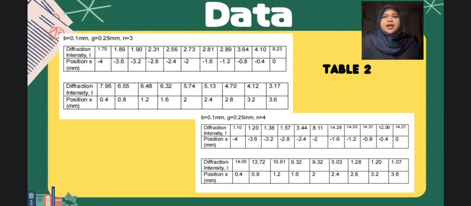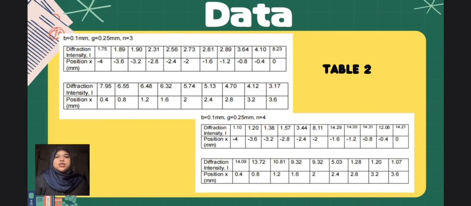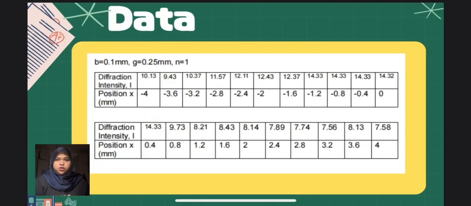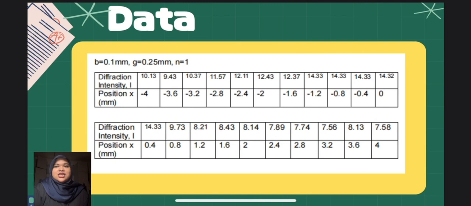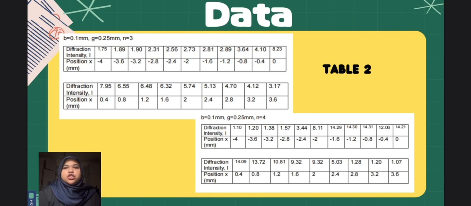This table, labeled as Table 2, appears to describe diffraction patterns under different conditions for slit width, slit pressure, and number of slits. Each setup includes two sets of measurements: one for negative position, x less than 0, showing diffraction intensity values symmetrically decreasing as position becomes more negative, and another for positive position, x more than 0, showing diffraction intensity increasing symmetrically as position becomes more positive.